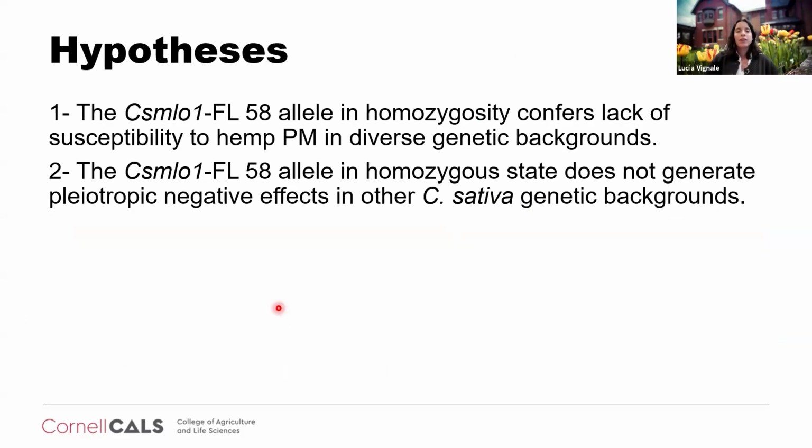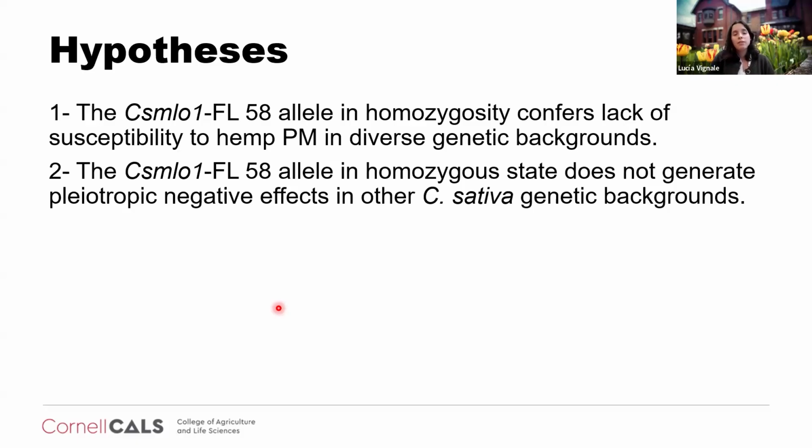And I'm thinking about this because the original plant, FL58, is a clonal cultivar, which means that we're not looking at how this allele is segregating in a population. And we don't know what happens in other plants that were not bred for high cannabinoid, as FL58 was. The second hypothesis was that if you're homozygous for this allele, you're not going to see those other negative effects that we see in other plant species.